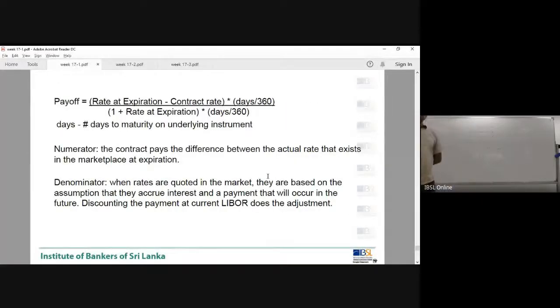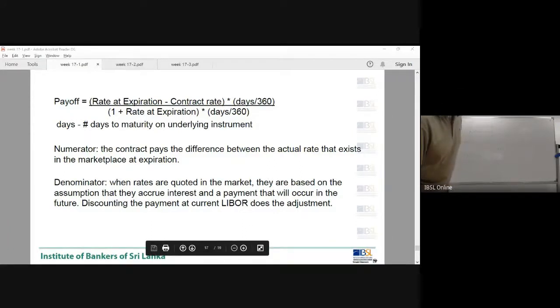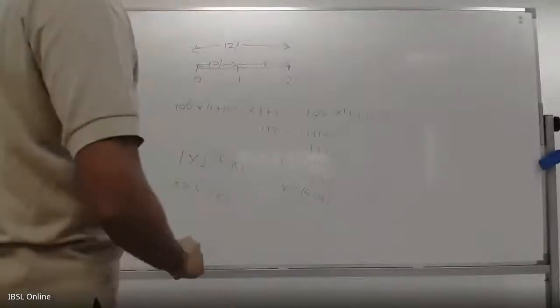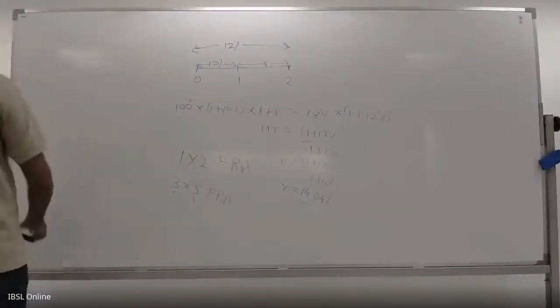Now this is how you calculate the profit or the loss using this equation, which you need to memorize. In this equation, there is a small mistake which you all need to correct.